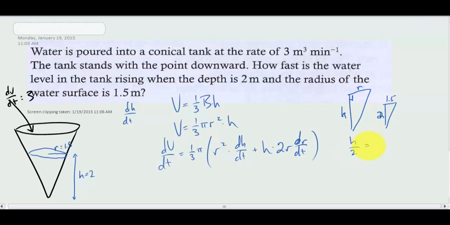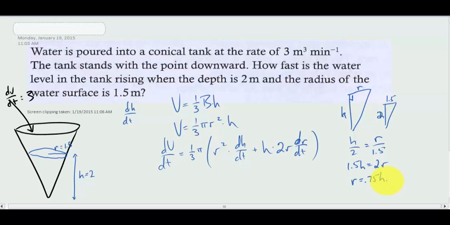H is to 2 as R is to 1.5, so 1.5 H equals 2R, and R, therefore, is equal to 0.75 H.